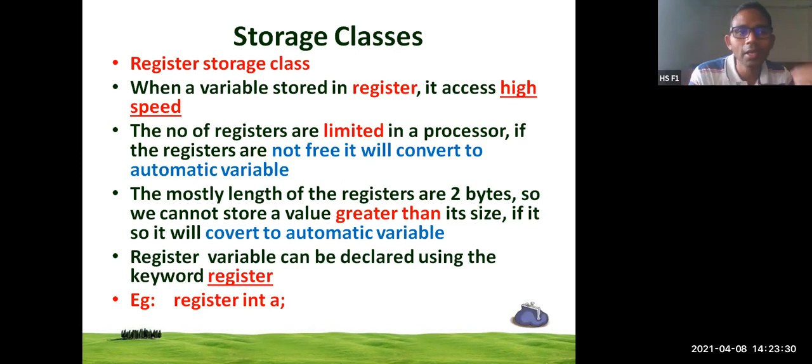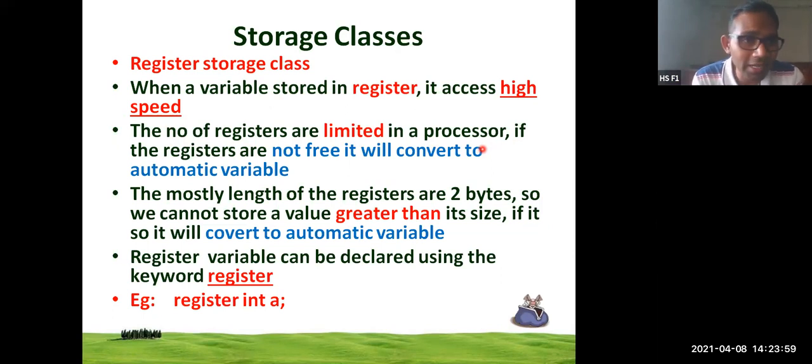That's why we say that when a variable is stored in a register, it is accessible at a higher speed. The number of registers in a processor is limited. Whereas in RAM, we can create any number of variables, since a stack is created there, and nowadays RAM is 4 GB, 8 GB, 16 GB, 32 GB.